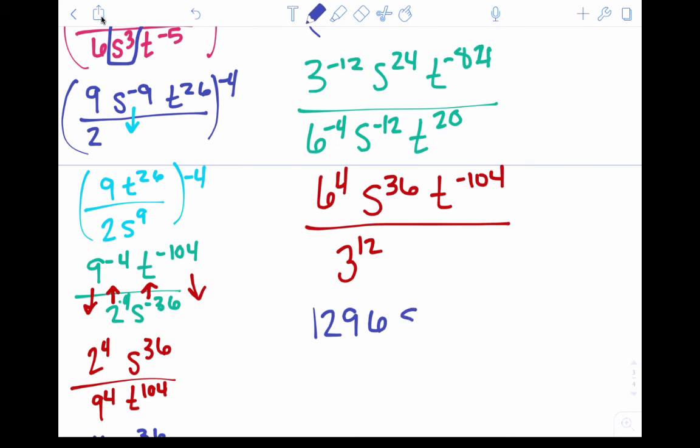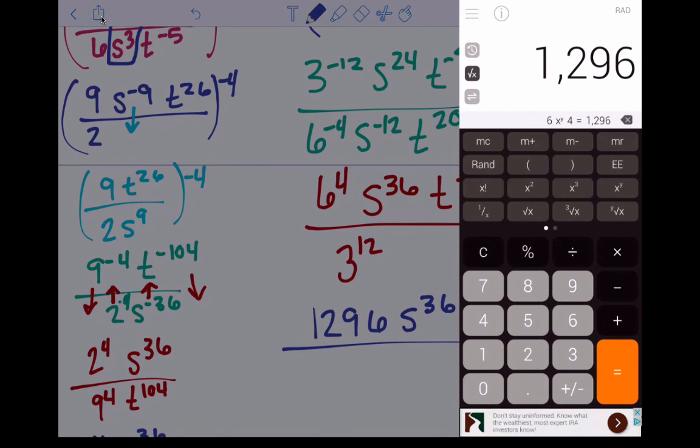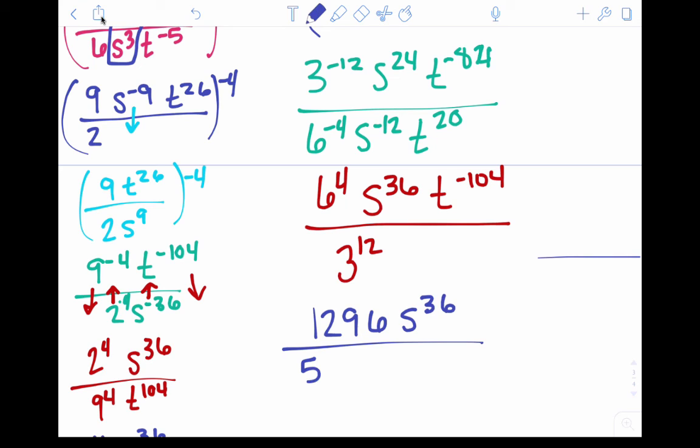Then I have s to the 36, 3 to the 12th, 531,441. And then this t to the negative 104, I can go ahead and move down to make that a positive 104.